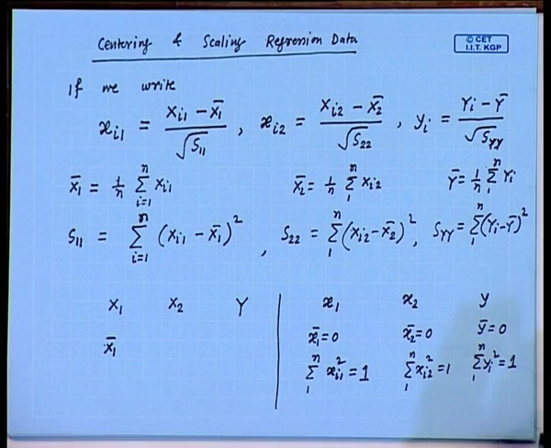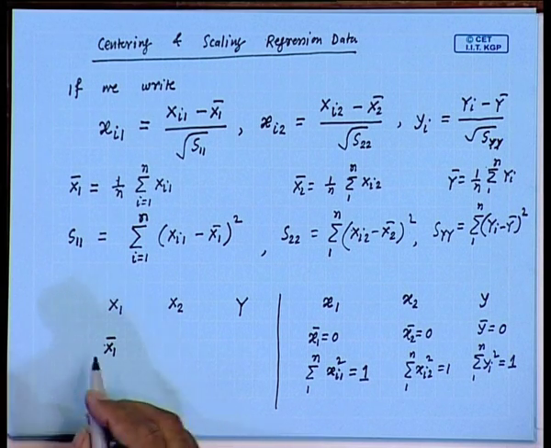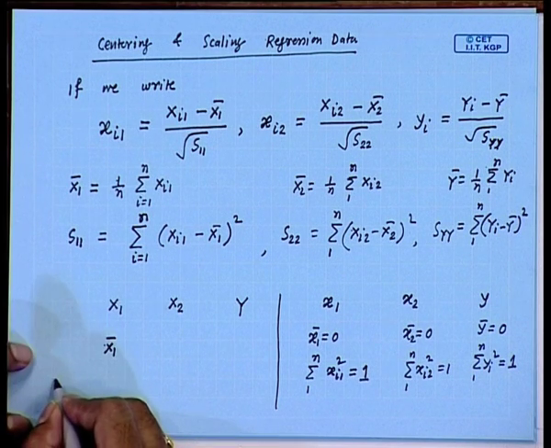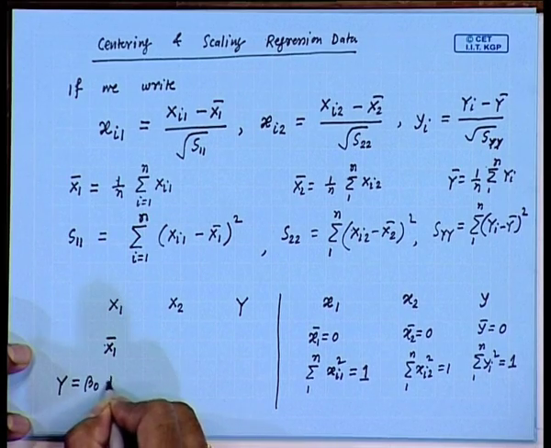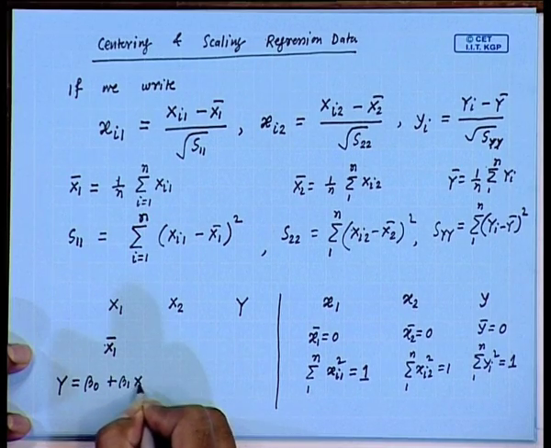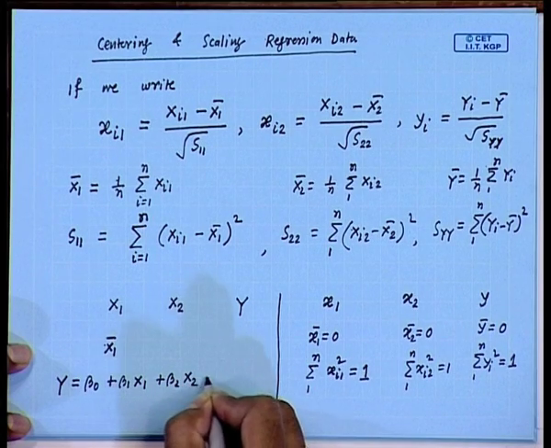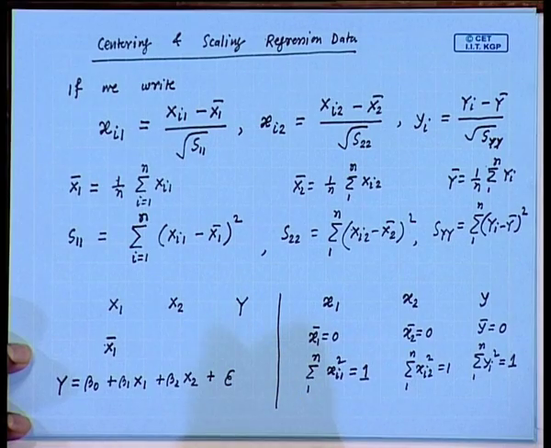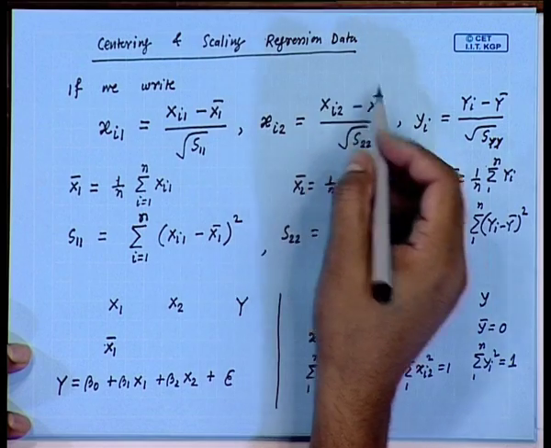Okay. Now, the model for the original data: we wanted to fit this model y equal to beta naught plus beta 1 x1 plus beta 2 x2 plus epsilon. Well, this transformation is called centering and scaling of regression data.